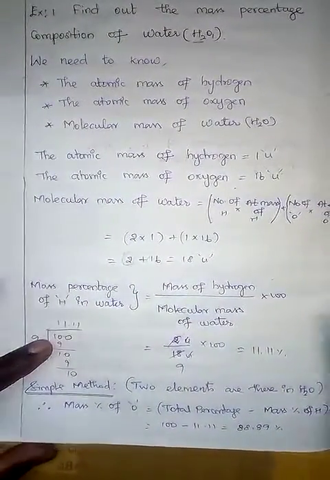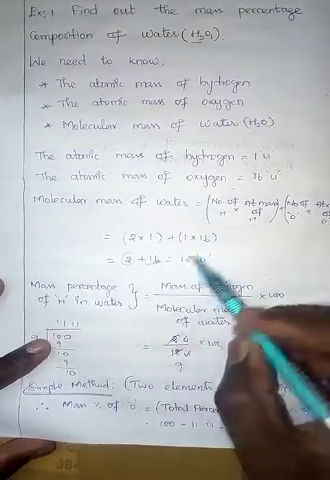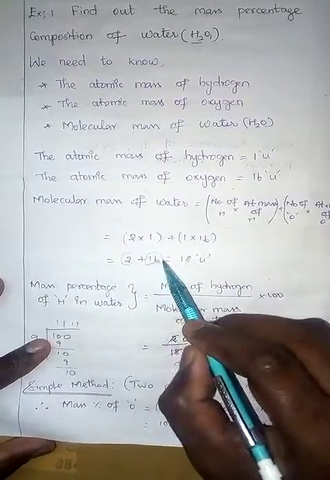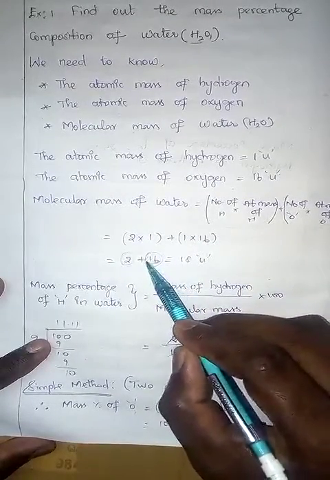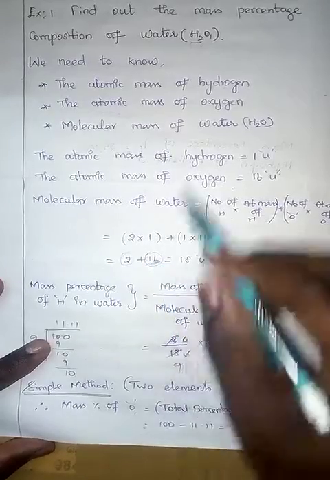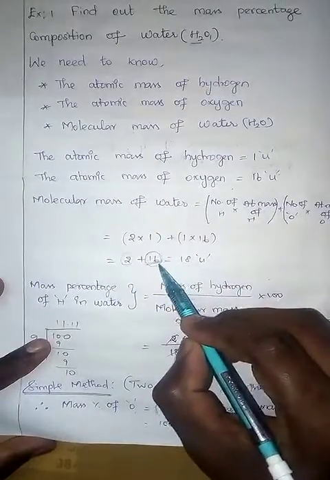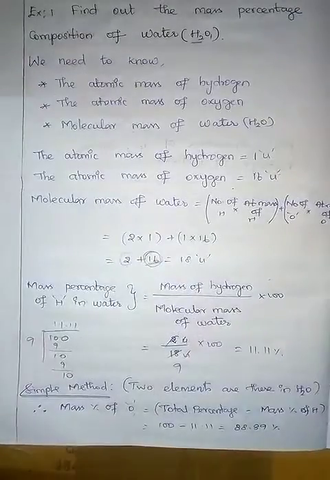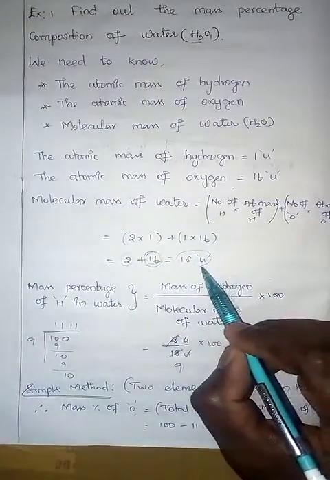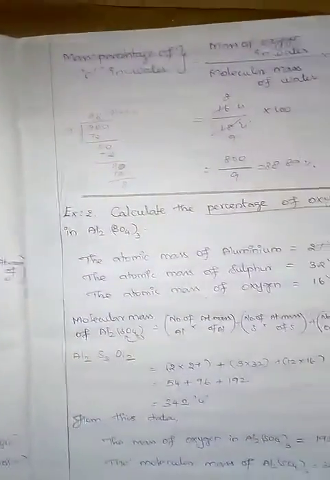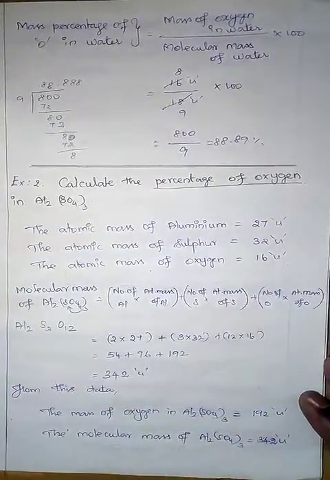From this calculation we have found out that there is 1 oxygen, so 16 U is present in the water molecule. The oxygen mass is 16. And what is the total molecular mass? 18 U. So you substitute that in this formula.